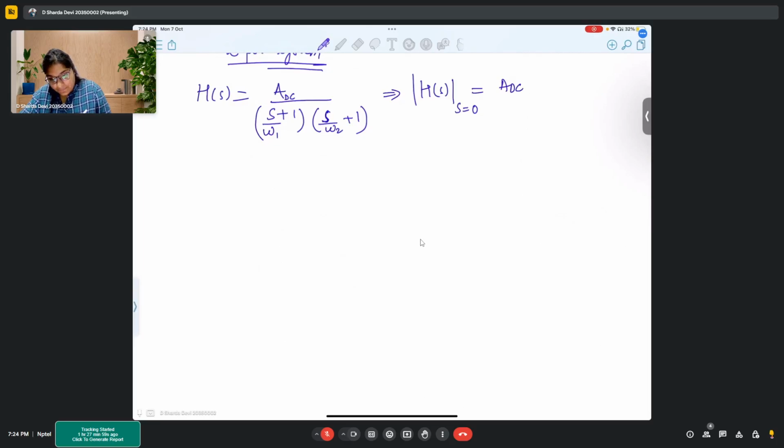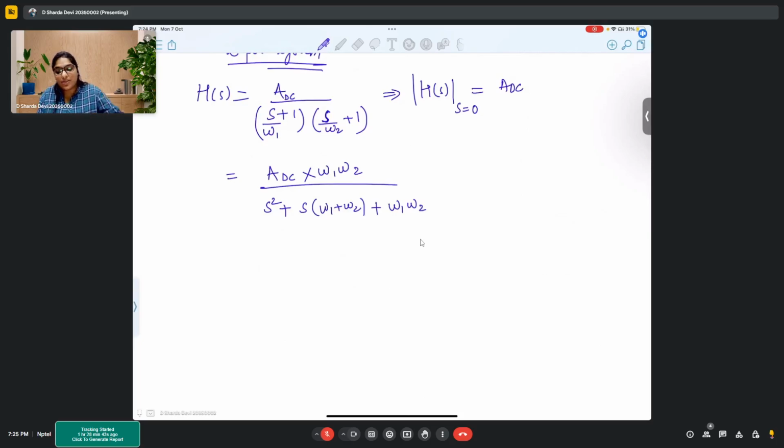And if I have to open this up, it will become omega 1, omega 2 upon s square plus s into omega 1 plus omega 2 plus omega 1 into omega 2.